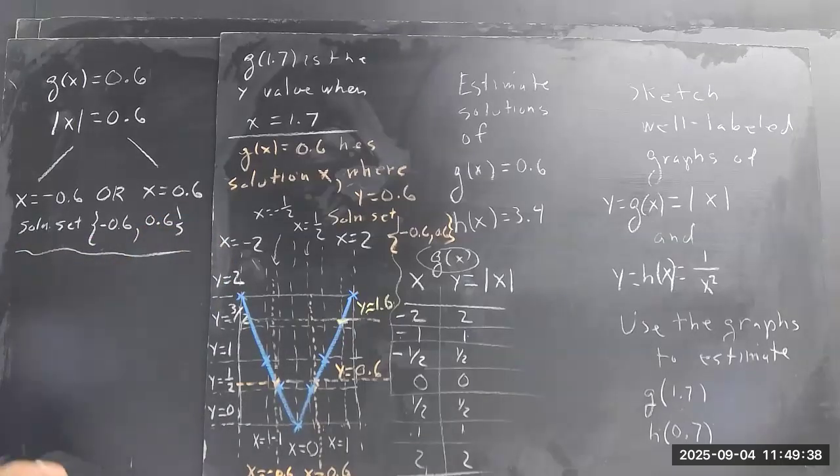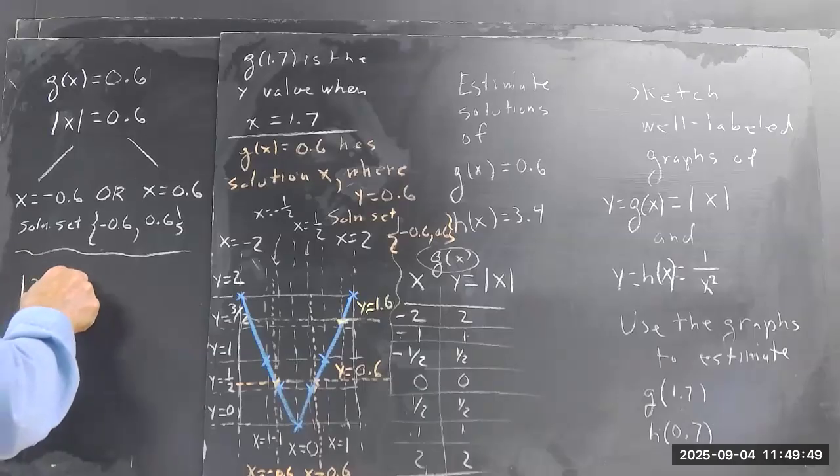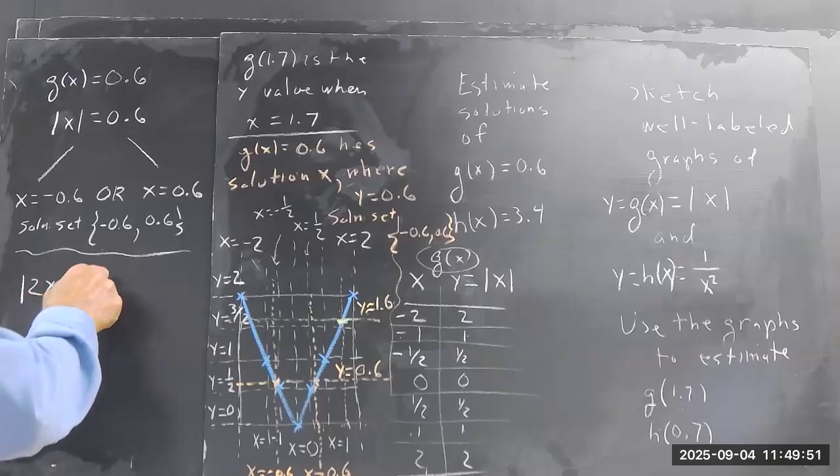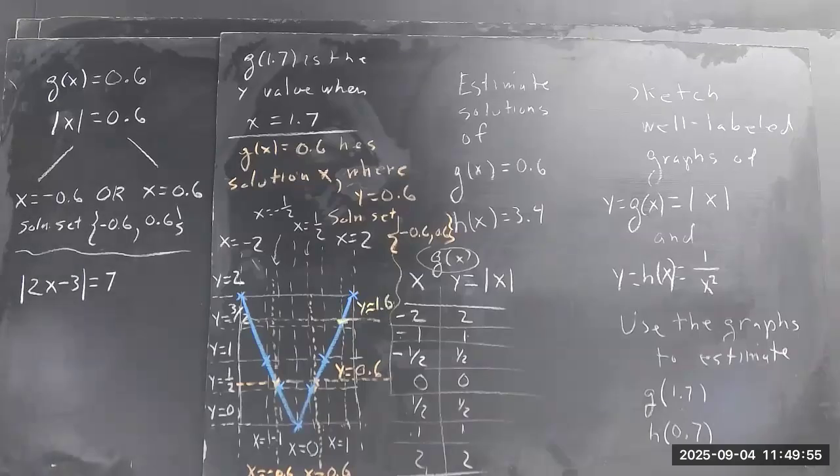And just to illustrate a little further, to give you a little head start, because that's what we're all about here, what if you had absolute value of 2x minus 3 equals 7? Well, you've got something inside the absolute value sign, which happens to be 2x minus 3, but could be anything.